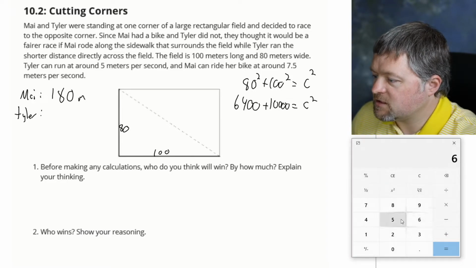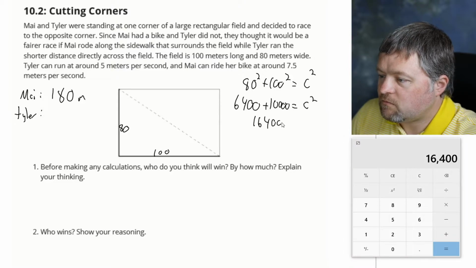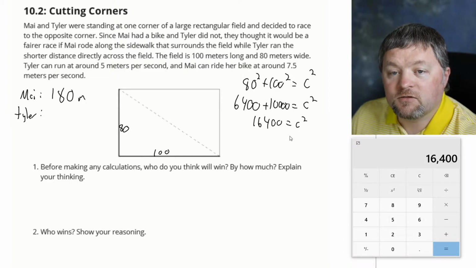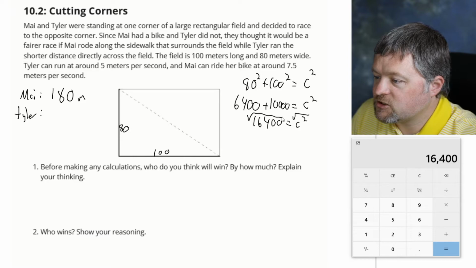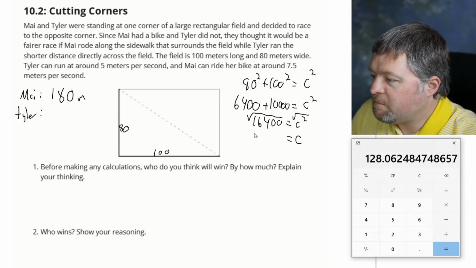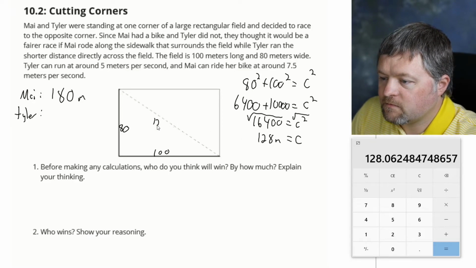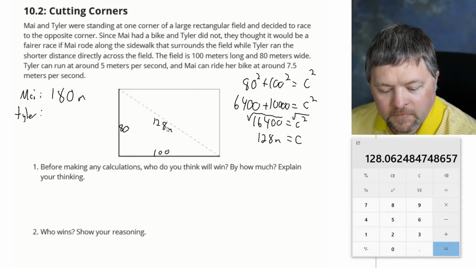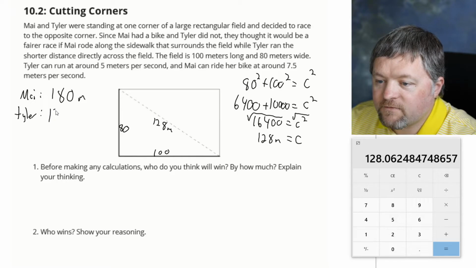So 10,000 plus 6,400 is 16,400. So now to figure out what c is, this distance, we have to take the square root of each side. And c is about 128 meters. So now we know how far everyone has to travel.